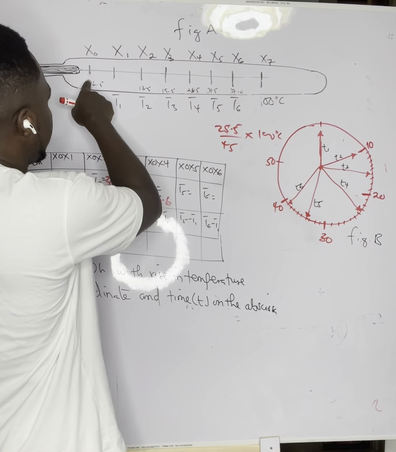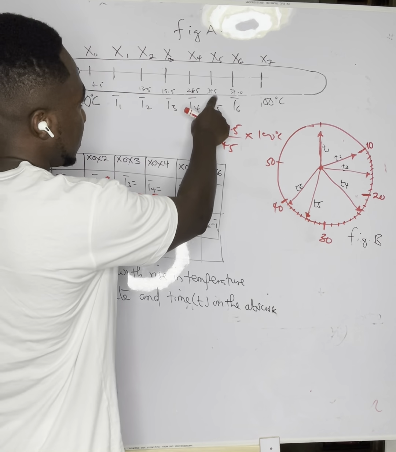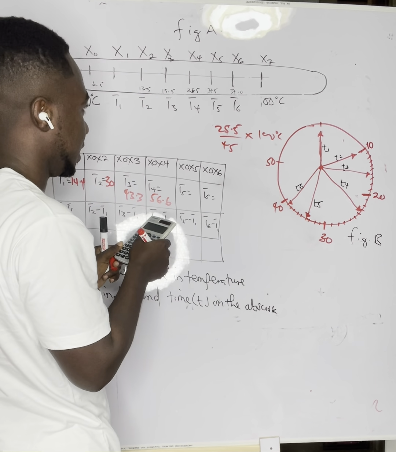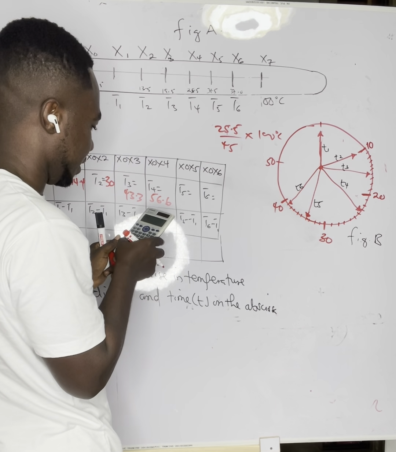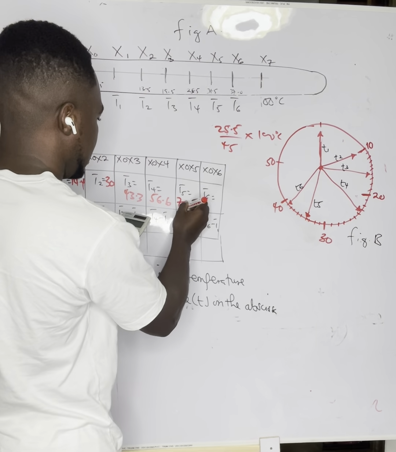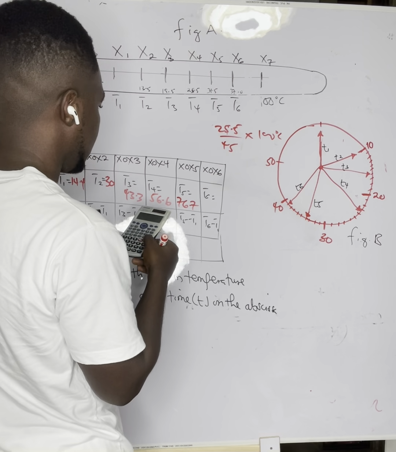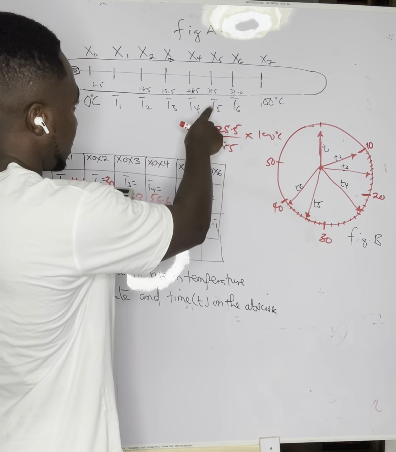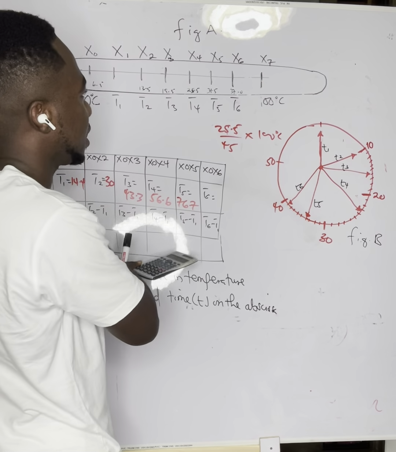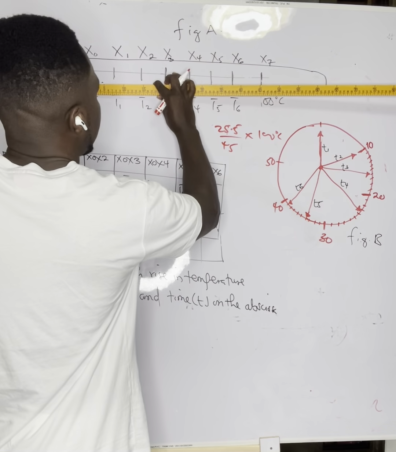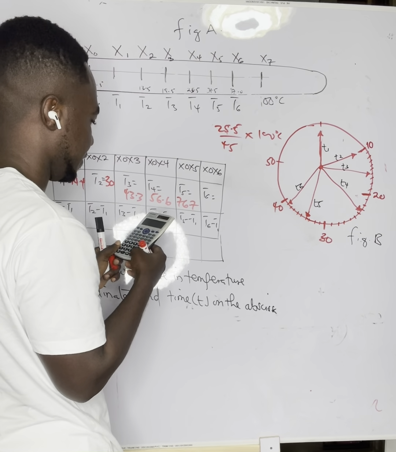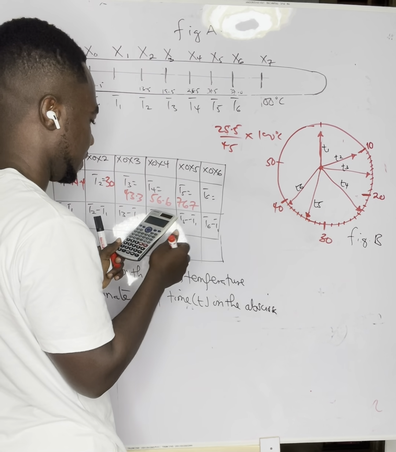T5, from X0 to X5, is around 34.5. 34.5 over the total length of the thermometric thread, 45, times 100, gives 76.7. Then T6, from X0 to X6, when you put your meter rule on it, you get around 37. So 37 divided by 45 times 100 is 82.2.